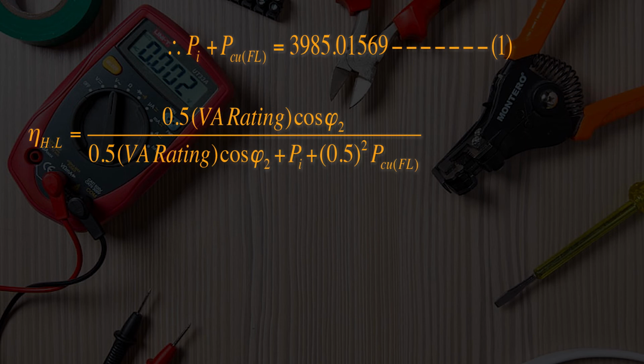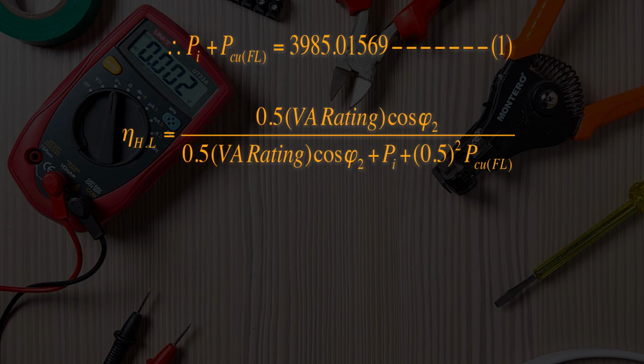Now you have to find the efficiency at half load. So efficiency at half load can be written as 0.5 multiplied by VA rating multiplied by cos phi 2 upon 0.5 multiplied by VA rating multiplied by cos phi 2 plus Pi plus 0.5 square multiplied by copper losses at full load.